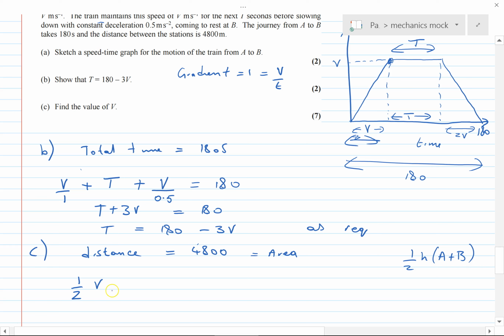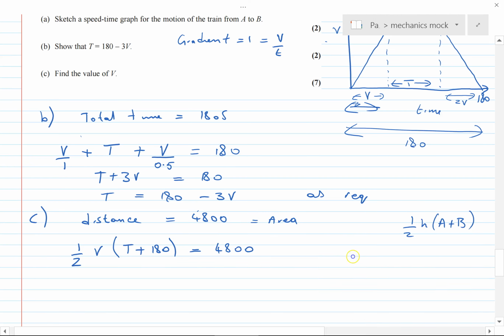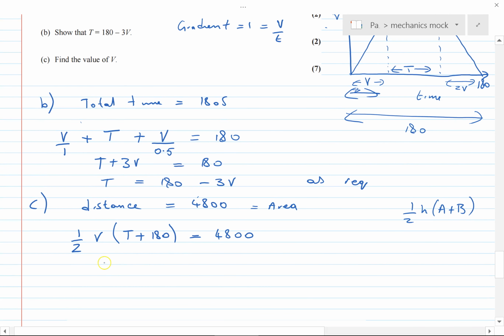So that's half v, that's the distance between the two parallel sides, times the sum of the two parallel sides, which is t plus 180, is equal to 4,800. Right, I'm going to multiply it all out, so I've got vt plus 180v is equal to 9,600. But we know that t is equal to 180 minus 3v.